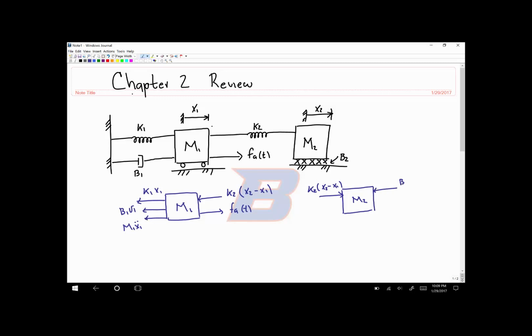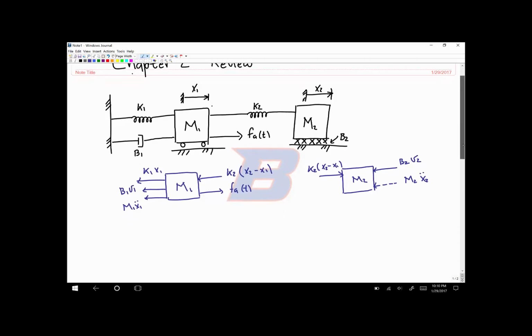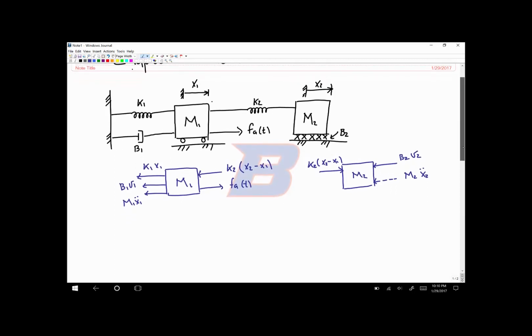So here we have B2 times X2 dot, and also we have the inertial force. It's going to oppose the movement also. So this one is going to be M2 X2 double dot. So I have 3 forces on M2, 2 going to the left, 1 going to the right. So that's it for the free body diagram.